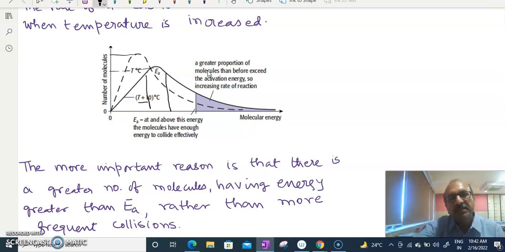See, this energy over here is higher than the energy which you found in the previous graph. That means more molecules now have higher energy as compared to when the temperature was lower. So overall there is a shift towards the right.